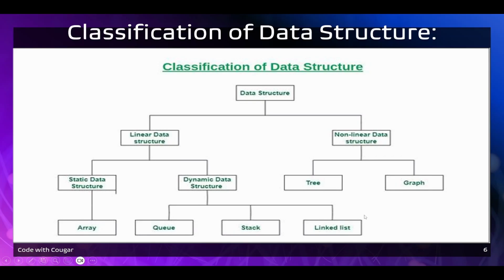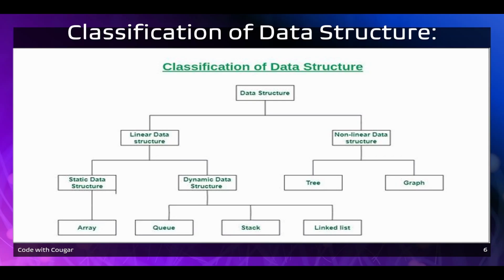On the other hand, nonlinear data structures do not follow a linear or sequential order. These data structures can have multiple branches, and each element can have multiple connections to other elements. As an example of a nonlinear data structure, we saw a tree having multiple branches, and multiple nodes can be connected to one branch. Also, a graph is a type of nonlinear data structure.